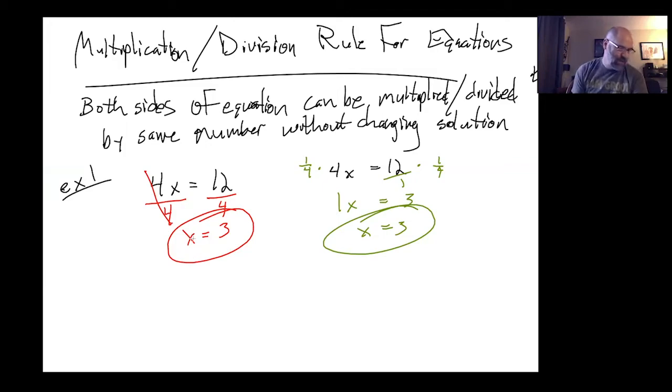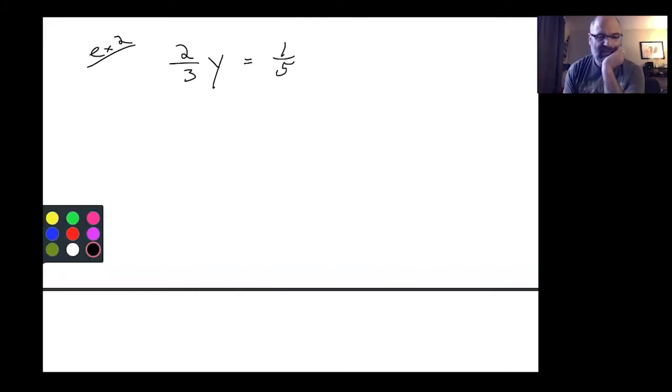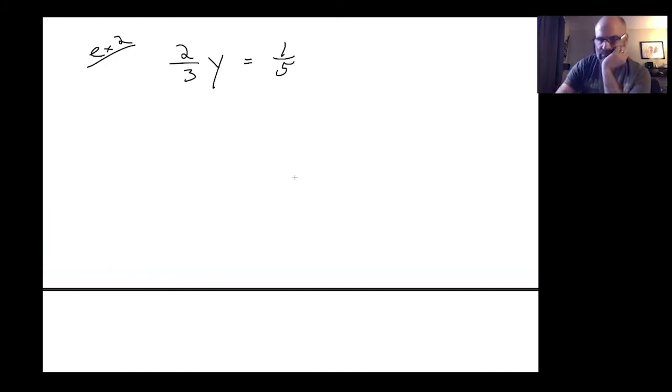Okay. All right, let's try another one. Let's try this example. 2/3 y equals 1/5. What's that 2/3 doing to the y? It looks a little different, but it's the same as the last problem. What's that 2/3 doing to the y? Multiplying it. How do you get rid of multiplication? Reciprocal.